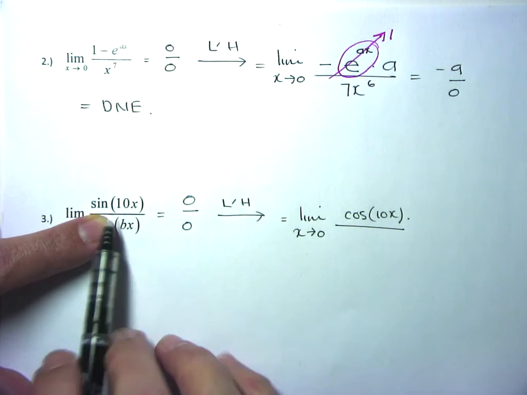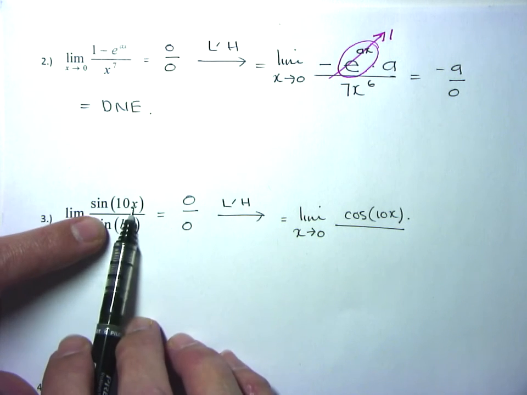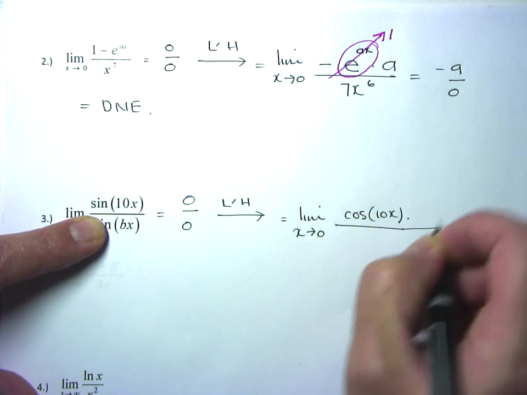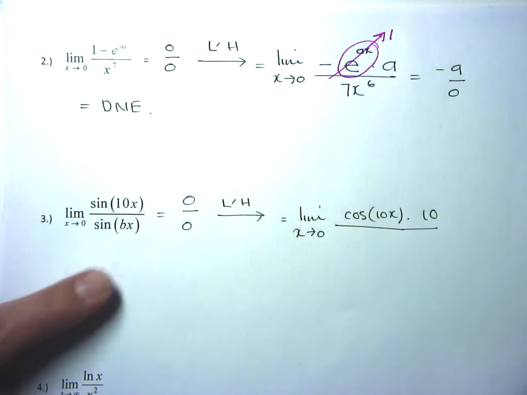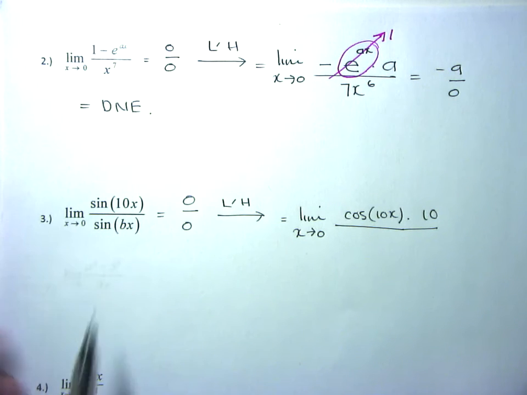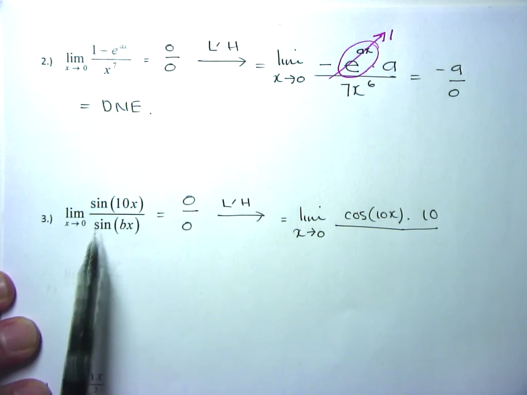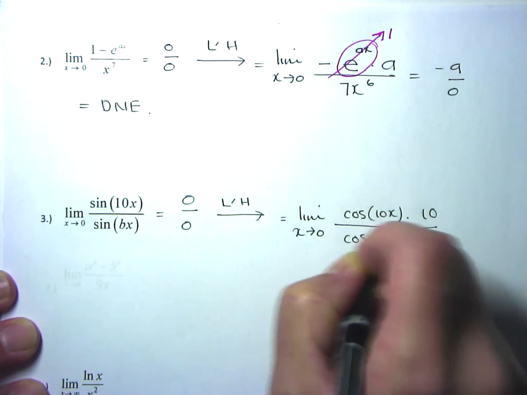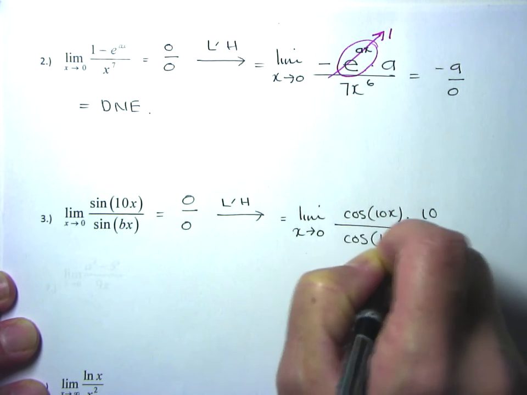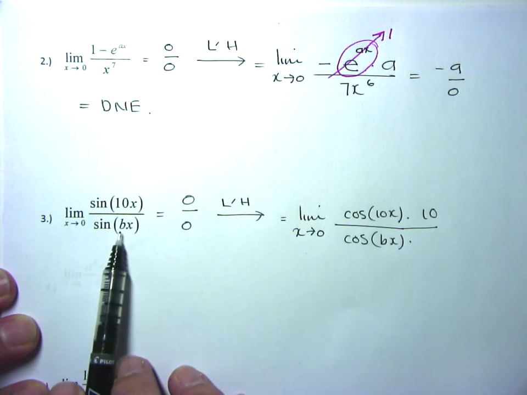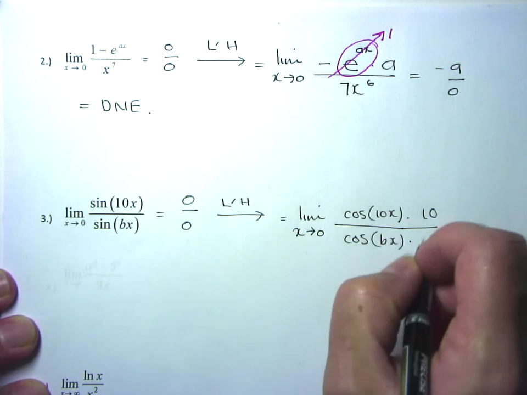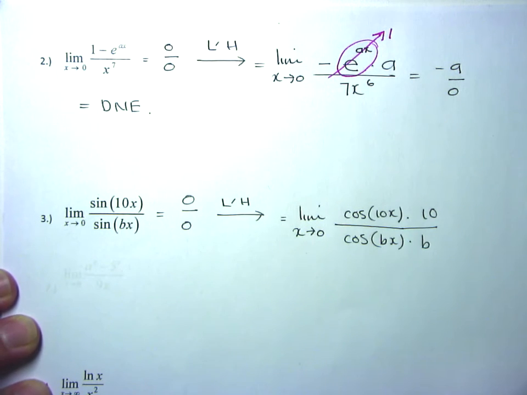What is the derivative of 10 times x? 10. All right, in the bottom, same thing. Derivative of the outside. Derivative of sine is equal to cosine, leave the inside alone, b times x, times the derivative of the inside. Derivative of b times x is equal to b.